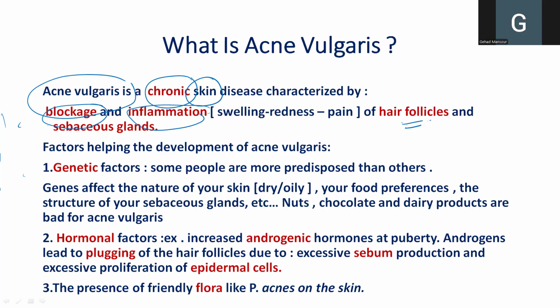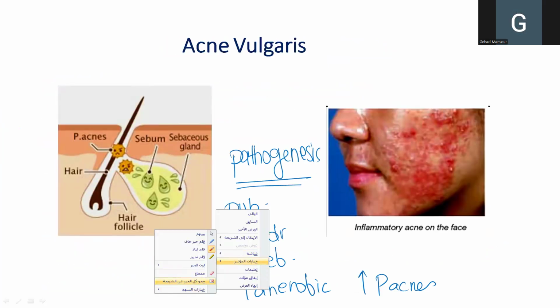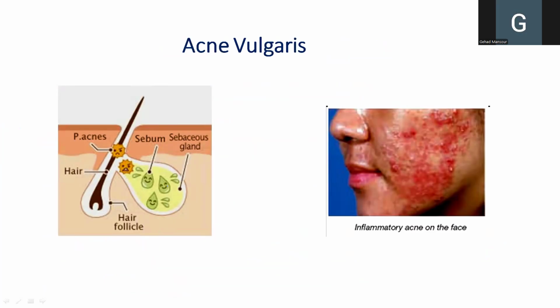It's not only in the hair follicles, it's not only in the sebaceous glands, but in both. Why? Because as you see in this diagram, the sebaceous glands are exocrine glands, and they open into the hair follicles.